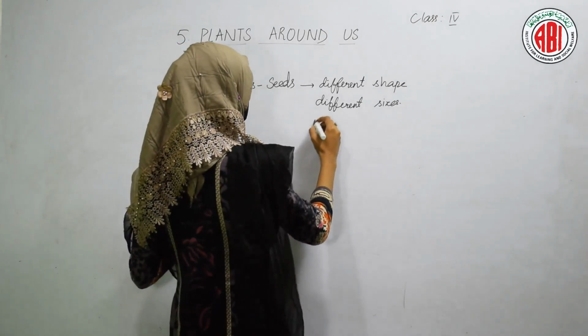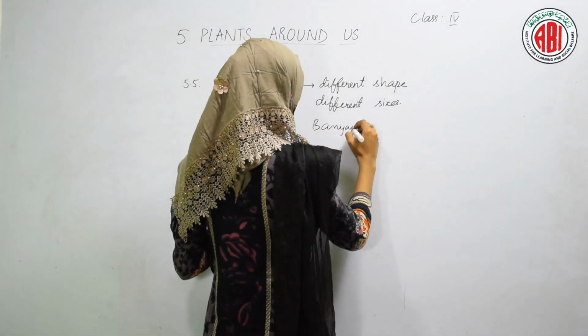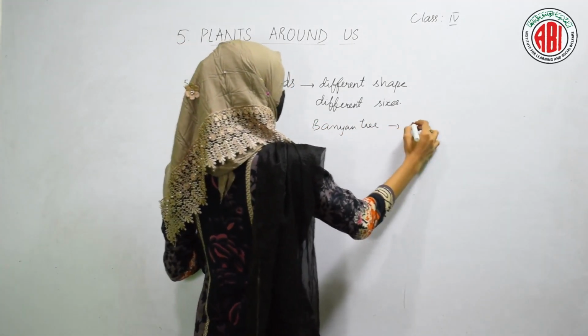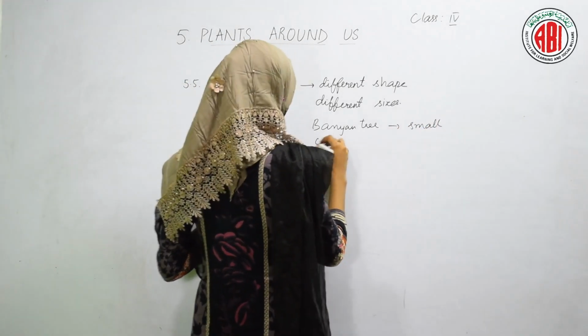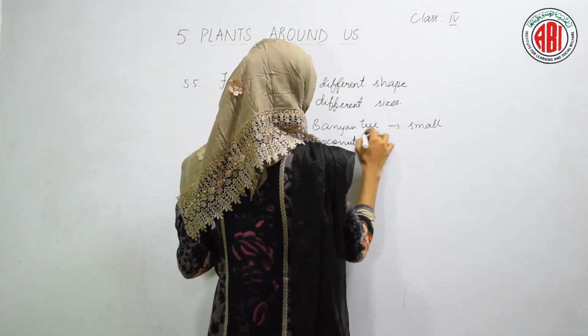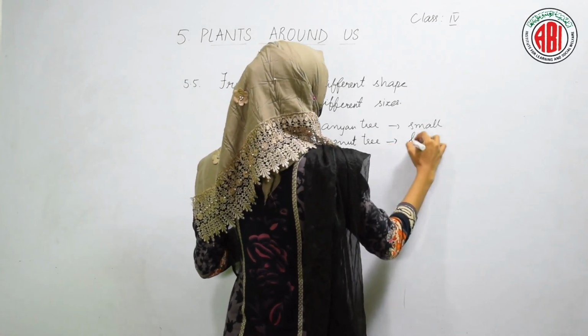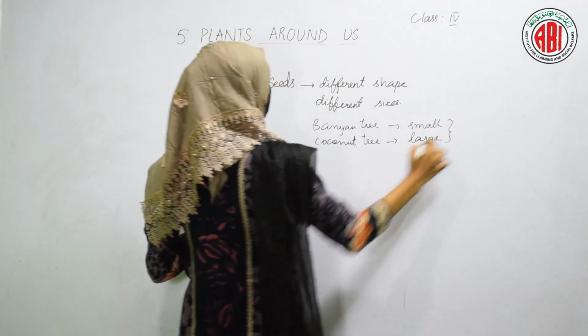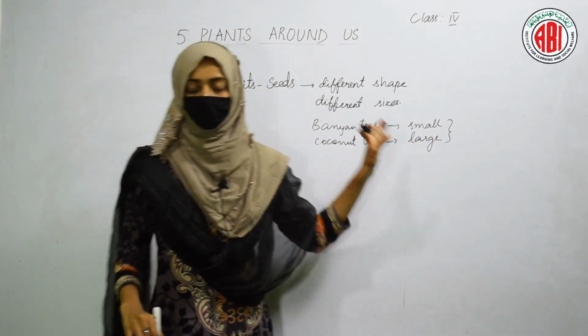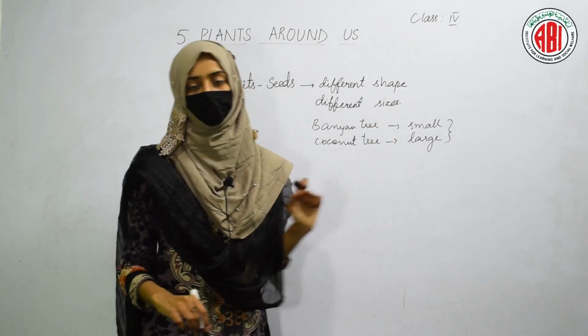For example, the seeds of the banyan tree are small, and the seeds of the coconut tree are large in size. So some seeds are small in size and some are larger.